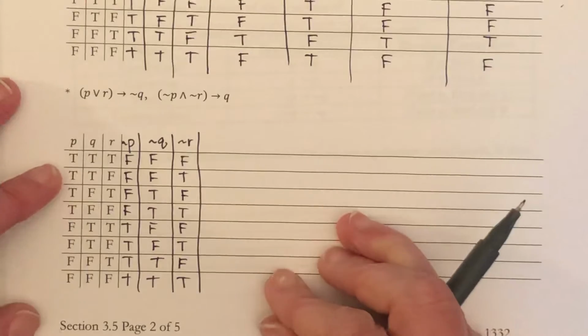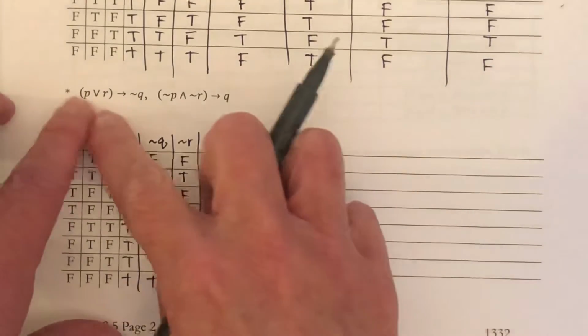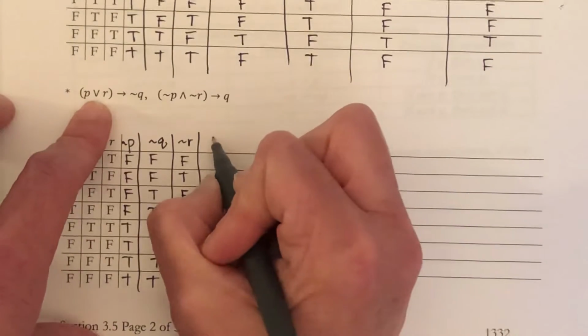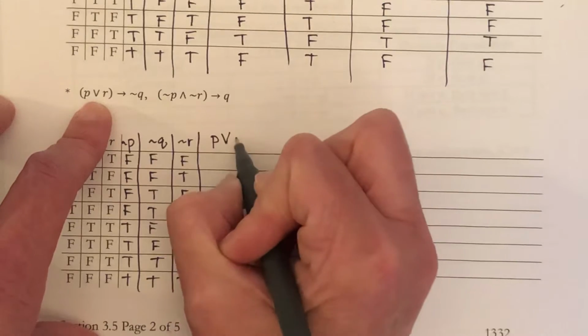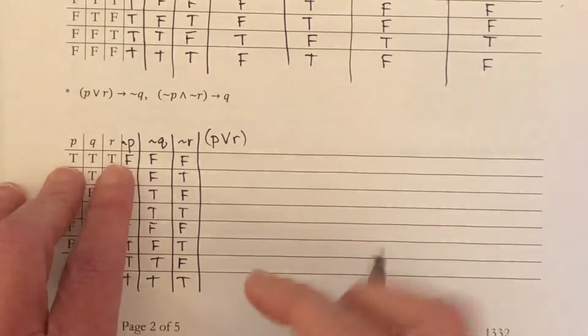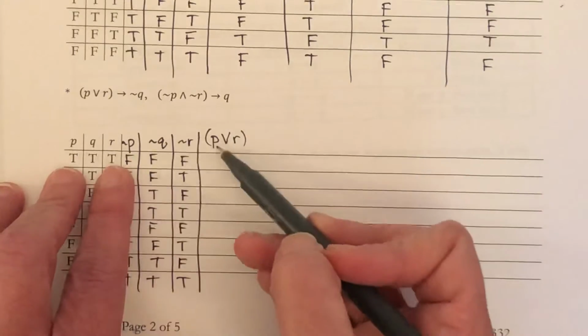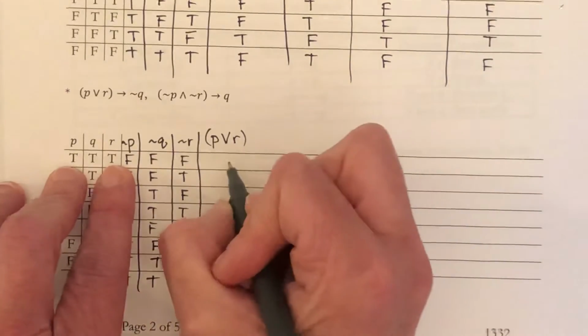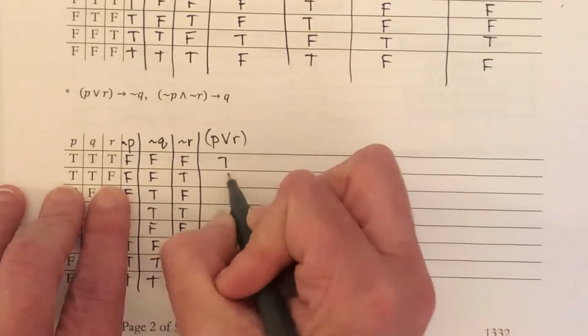Okay. And now I'm going to do this first set of parentheses, which is P or R. So P and R right here, and it's or, so as long as there is a true, it is true.